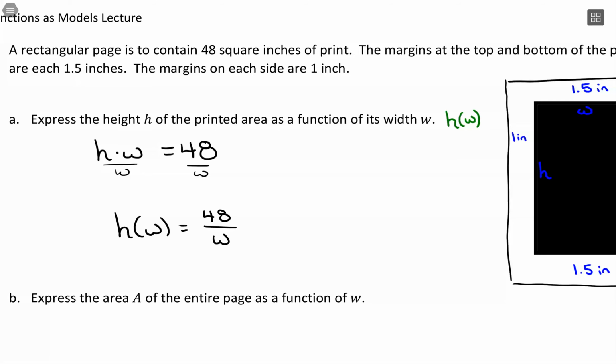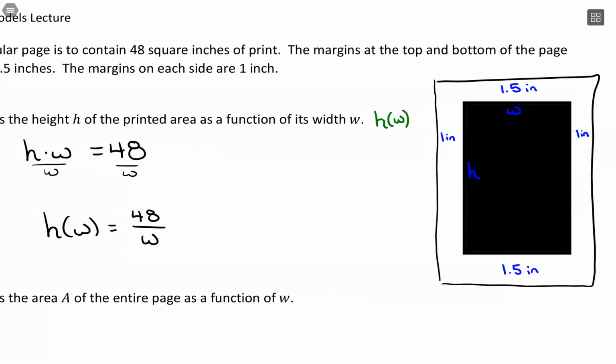Now let's talk about area of the entire page. What we're going to do is add the margins. If I think about the overall width of the paper, really I have 1 inch plus W plus 1 inch. So the width of the paper is really W plus 2 inches.